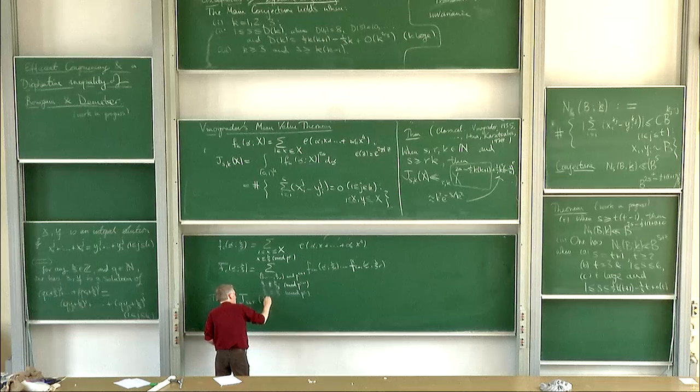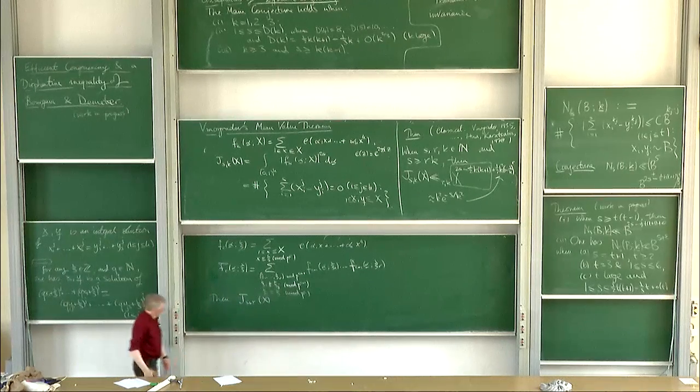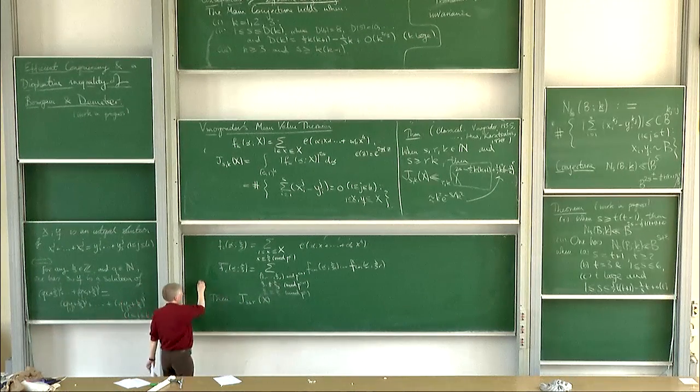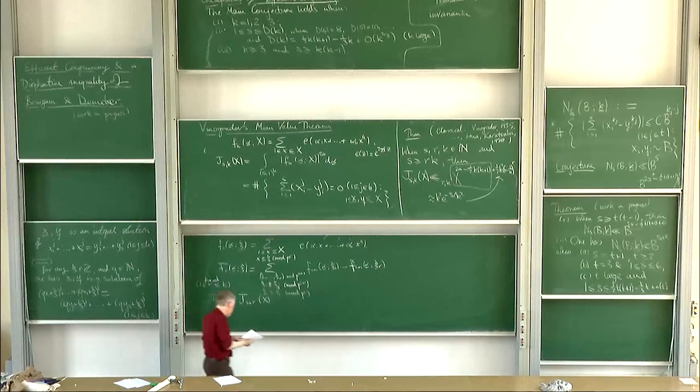So I'm going to look at not JS, but JS plus R. So R is going to be fixed between 1 and k.